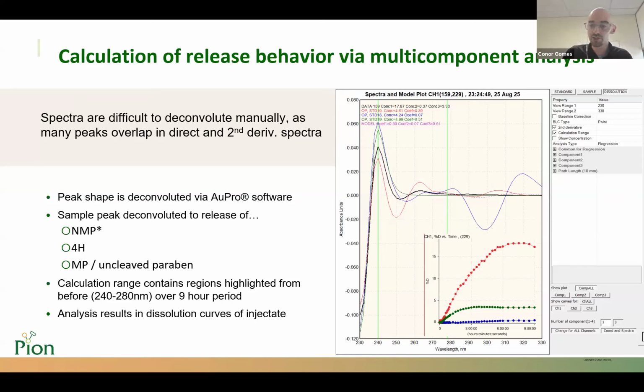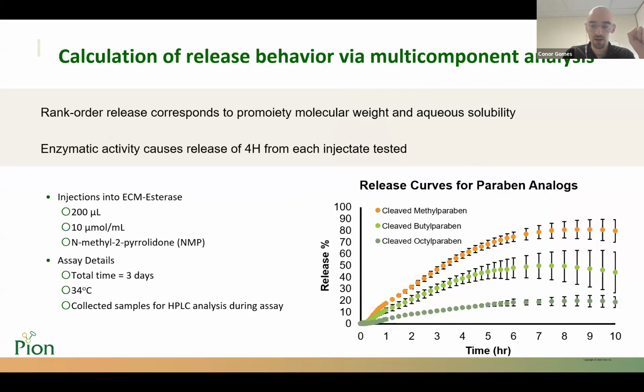You'll see their predicted spectra is the dotted line. I'm sorry if it's a little small, but using these statistical tools, it's able to build our spectral signal using certain weights of the 3 colors. And then we are able to get 3 release curves of our 4-hydroxybenzoic acid, our NMP, and then the uncleaved paraben molecule.